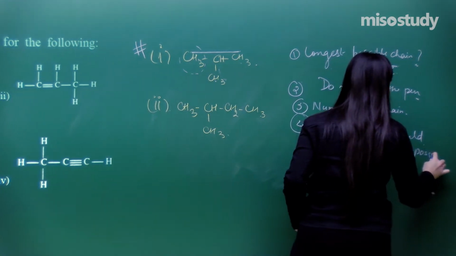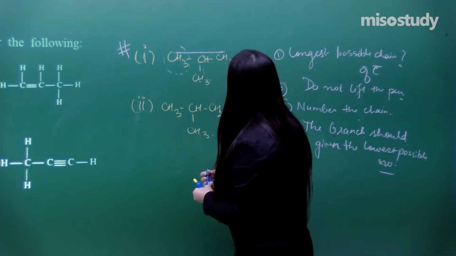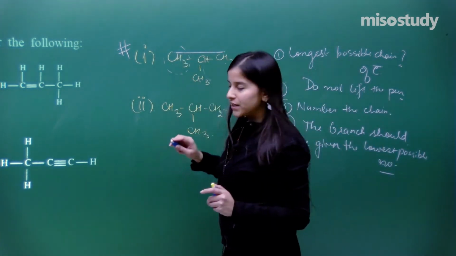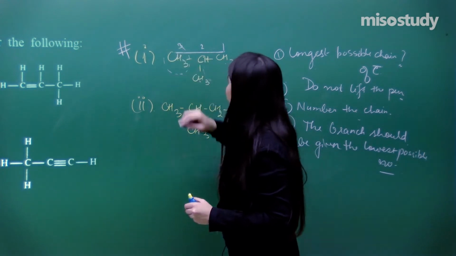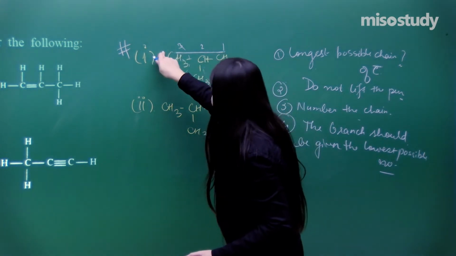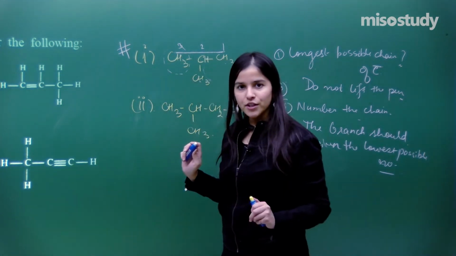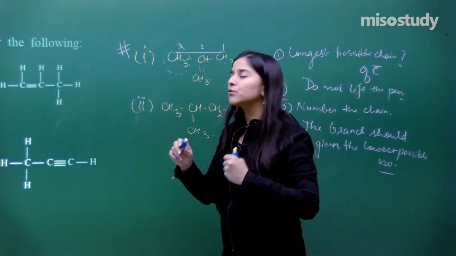Lowest possible number, fine. Let's see here. So I need to number this chain as 1, 2 and 3, fine. Now, if I would have numbered from this side 1, 2, 3, then also this branch will be getting number 2. So I can just do it in either way.